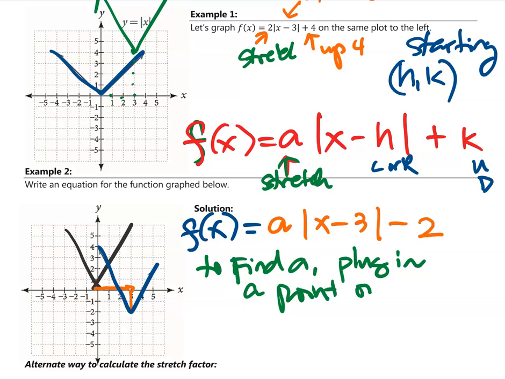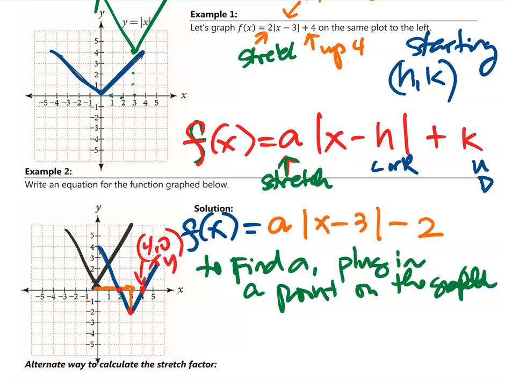On the graph, what do we have here? We can have this point, or this point, or this point. Let's say this point is (4, 0).